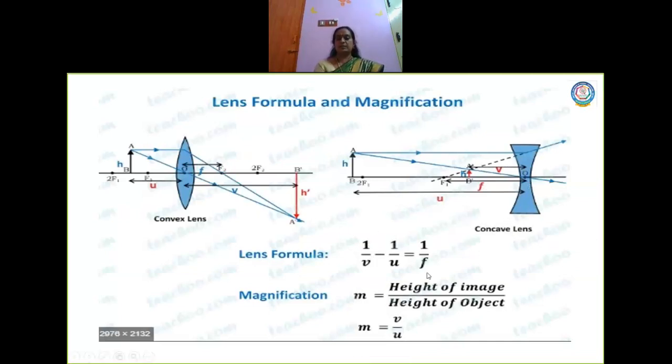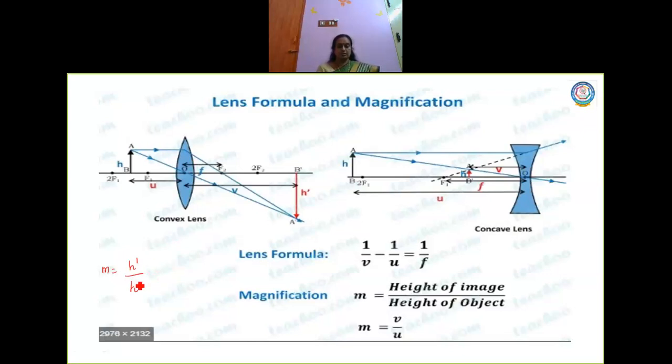Now the lens formula I have already discussed. Now the magnification formula. Magnification is represented as M, which is equal to the height of the image by the height of the object, H dash by H. Magnification represents the ratio of the height of the image to the height of the object.